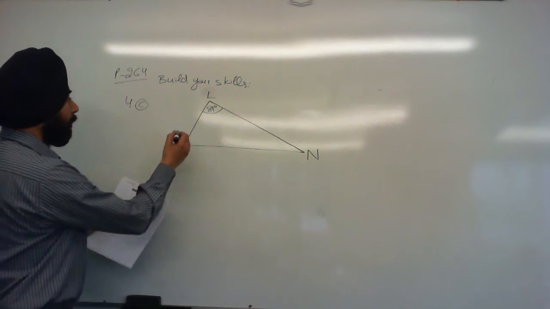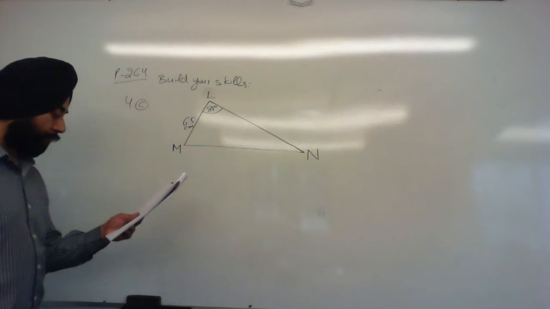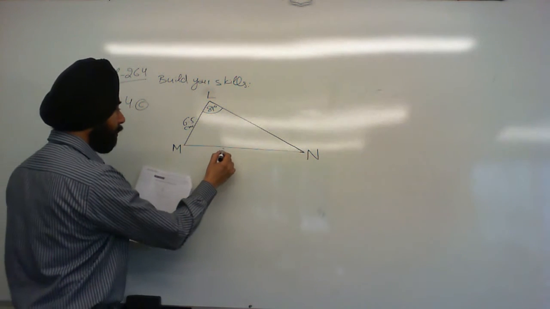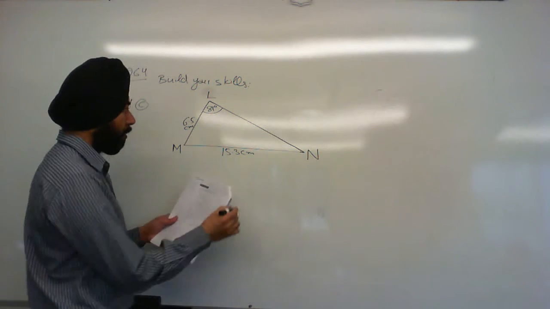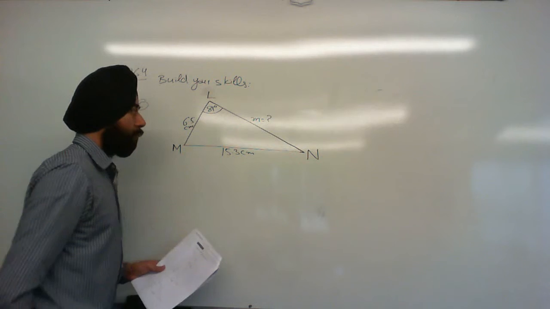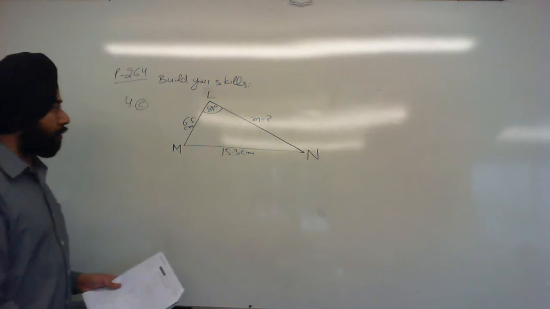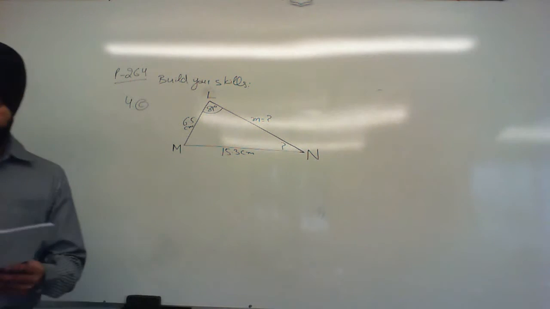This side is given as 6.5 centimeters. This side is given as 15.3 centimeters. This side is labeled as m, and there's a question mark, that means you need to find it. And there is a question mark here also, that means you need to find this angle N also.